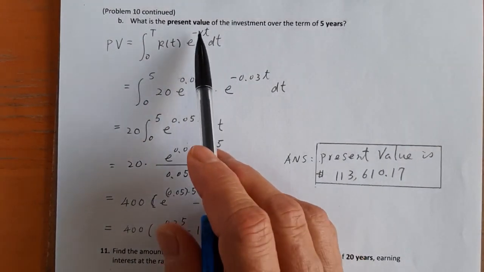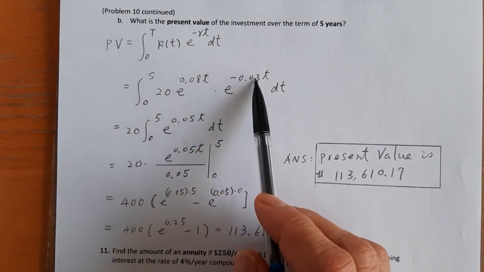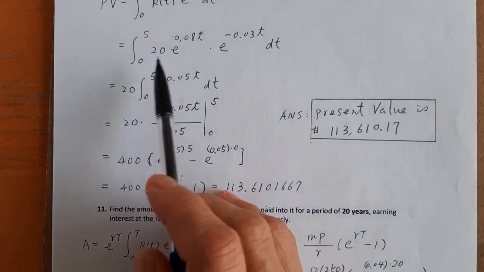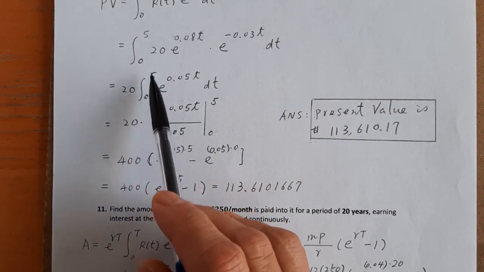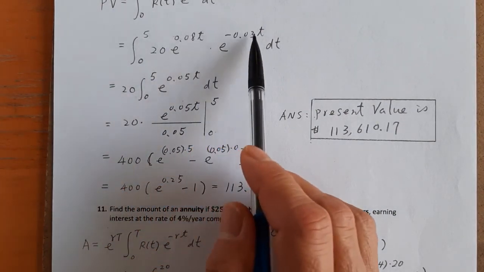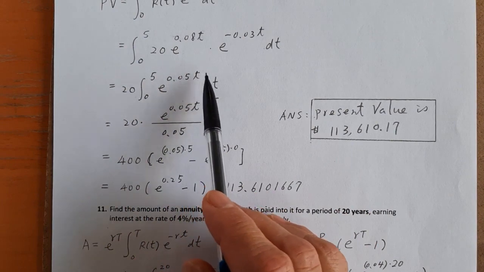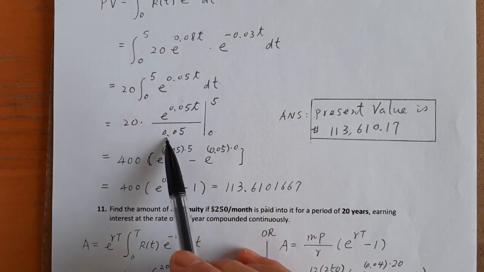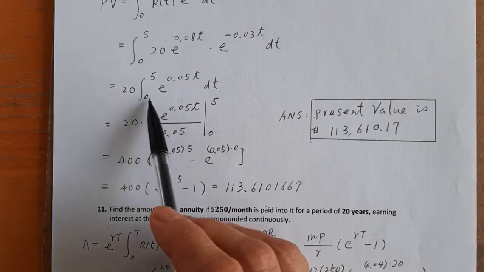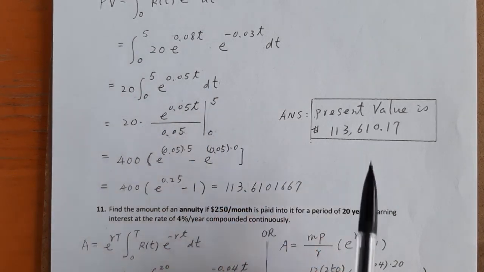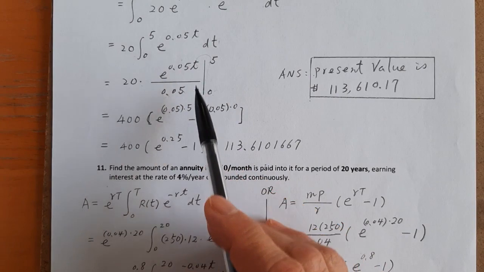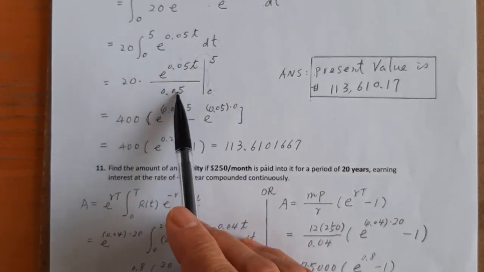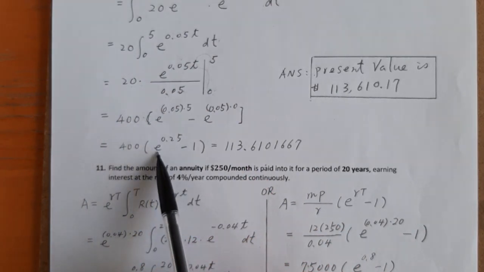Then e to the power negative r, which is 0.03 t, dt. So we factor out 20, the integral from 0 to 5 of e to the power, adding the two together, 0.05 t dt. Take the integral, divided by 0.05, t from 0 to 5. Then plug in 5, plug in 0. 20 divided by 0.05 is 400, and get this.